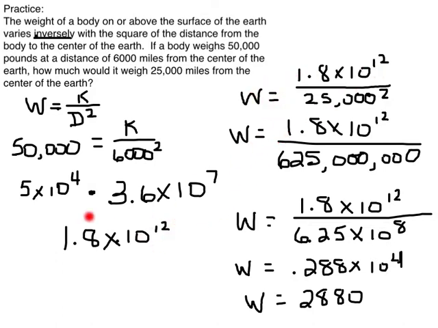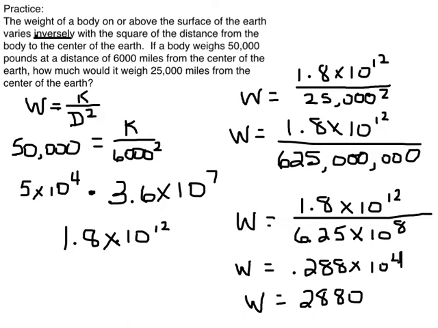So we take that, this is our constant then. What would the weight be if the constant of 1.8 times 10 to the 12th is divided by 25,000 squared? 25,000 squared is 625 million. Now we're going to break that down because there's so many zeros into its scientific notation equivalent, which would be 6.25 times 10 to the 8th.